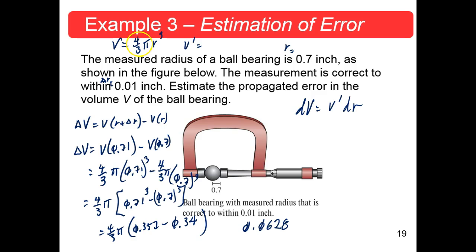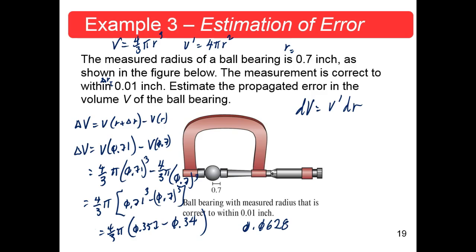It's 4 pi r squared. So you see you're doing 3 times 4/3, right? It's 4 pi, and then drop the r by 1 power, r squared. Okay, so there's your V prime.